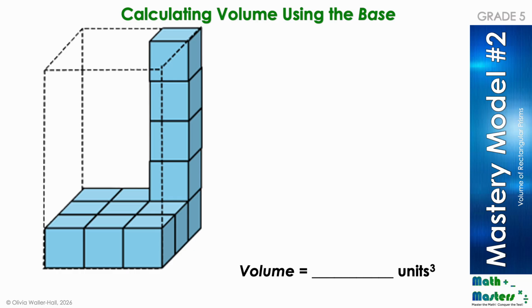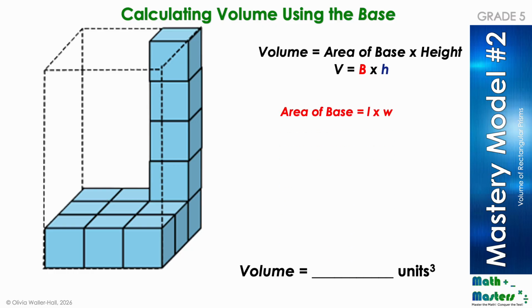We can also calculate volume using the area of the base. This is the equation that we will use. Volume equals the area of the base times the height, or V equals B times H. So the area of the base would be the length times the width. The length of this object is 3 units. The width is 3 units.